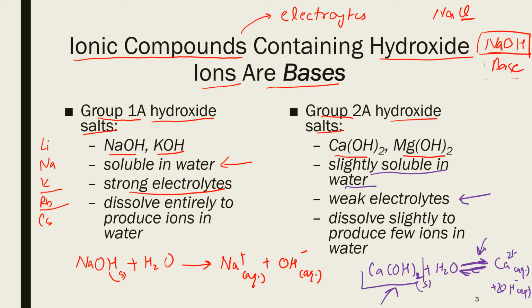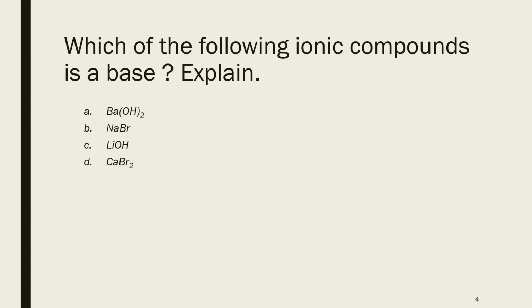Okay, so let's identify which of the following ionic compounds is a base, and we have to explain. Remember, according to the Arrhenius definition, any substance which produces hydroxide ion in water will be a base. So it means for an ionic compound to be a base, it should contain hydroxide, right?